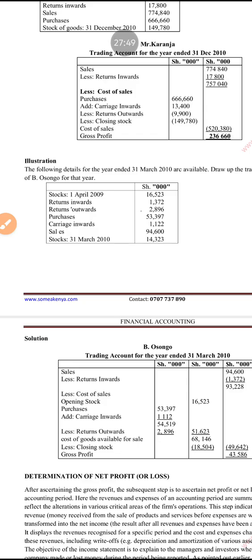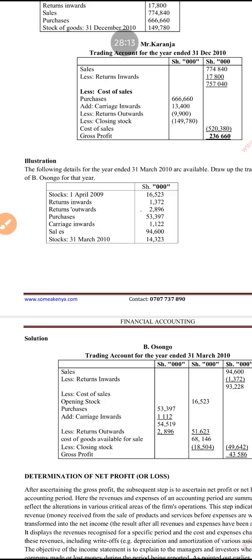So when you find that we have a stock on 1st April 2009, that is the opening stock of this year that is ending 1st March 2010. So opening stock is 16,523. Shillings is in thousands.